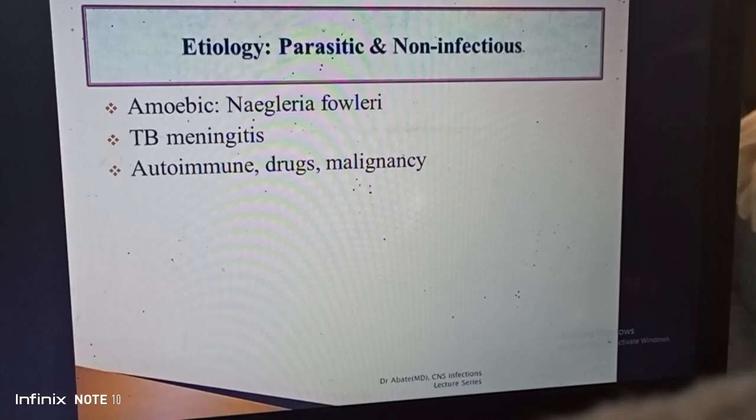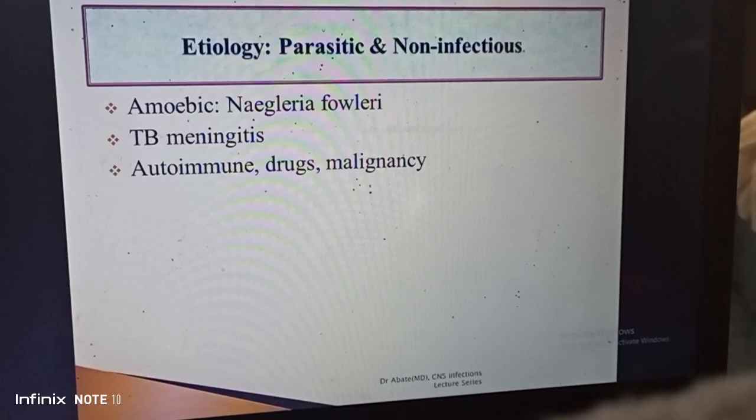The other causes, not common but sometimes may cause meningitis, are parasitic and non-infectious causes of meningitis like amoeba, TB meningitis, autoimmune, and drugs also may cause inflammation of the meninges, and sometimes, as we mentioned previously, malignancy also can be a possible cause of meningitis.